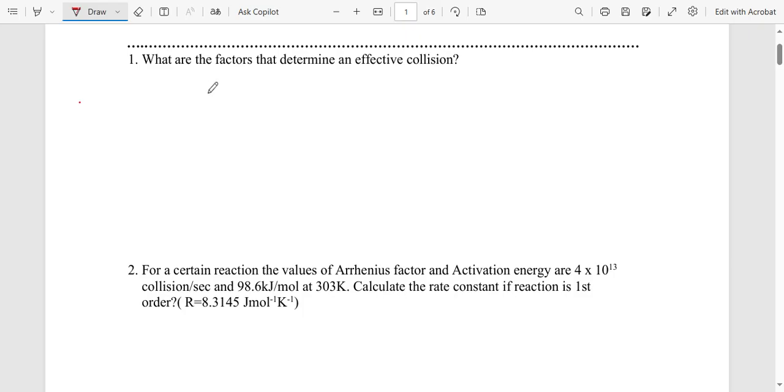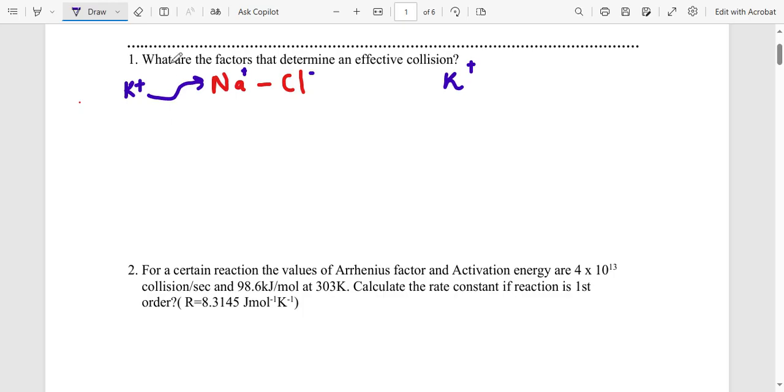Now, look at this. Let's say, for example, you have sodium chloride. I'll write it like this. And then let's say this is reacting with potassium. As you can see in sodium chloride, sodium is positive, chlorine is negative, and then potassium is positive. So for this reaction to happen, potassium should never attack the sodium side.